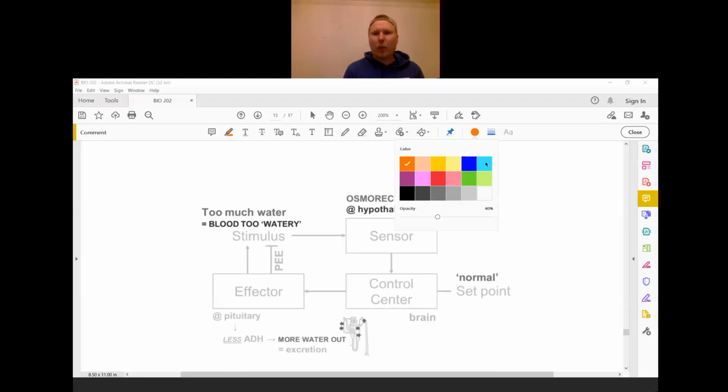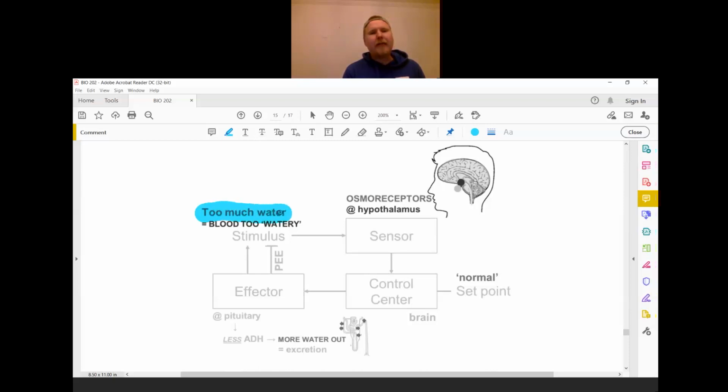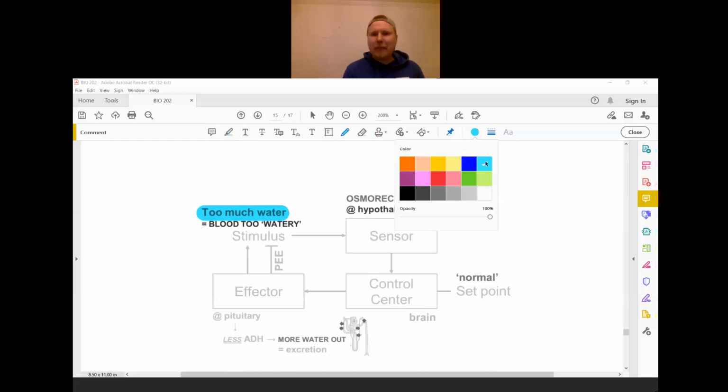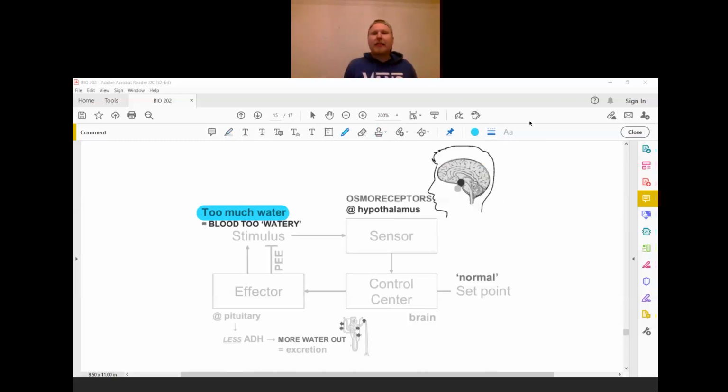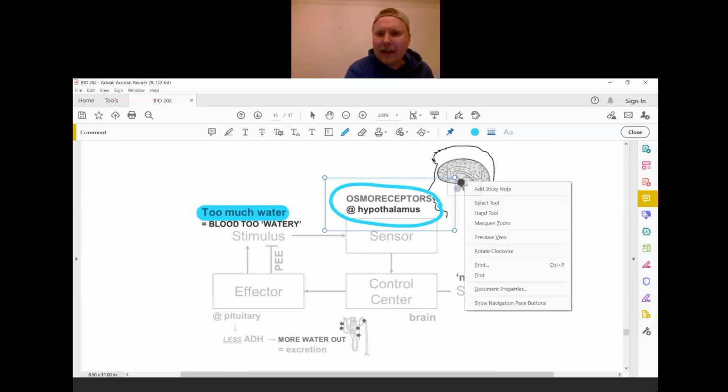too much water in the body. So you can think of this as if the blood, for example, would be too watery. So that's our stimulus, something that has changed. And how are we able to detect that? We're detecting that with the osmoreceptors, which are located at the hypothalamus within the brain.